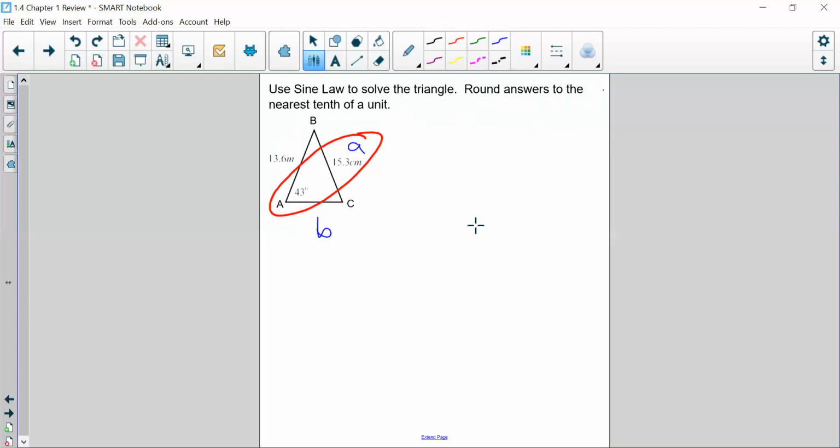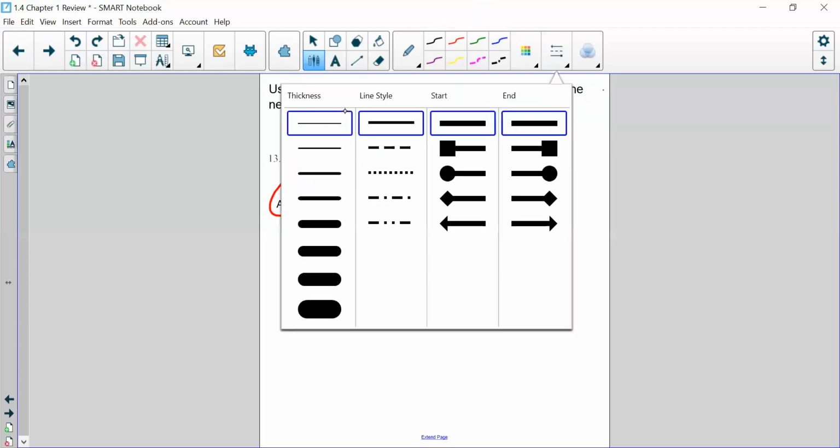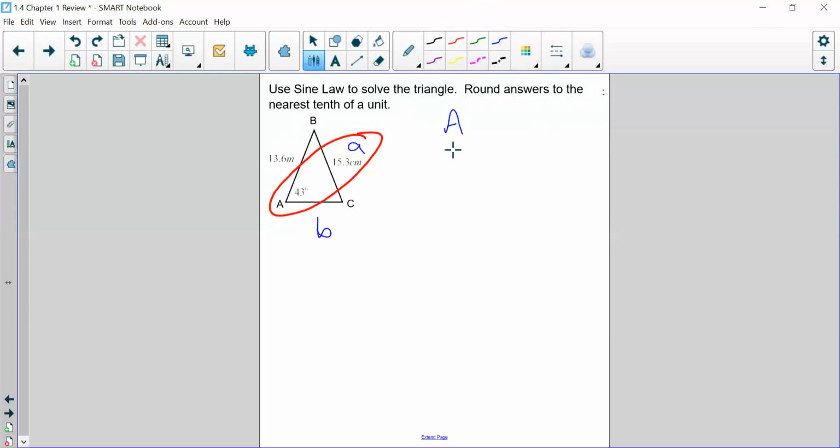So let's just fill this out here. Angle A is 43. I don't know my other angles. Side A is 15.3, so there's that loop of information. And C is 13.6.